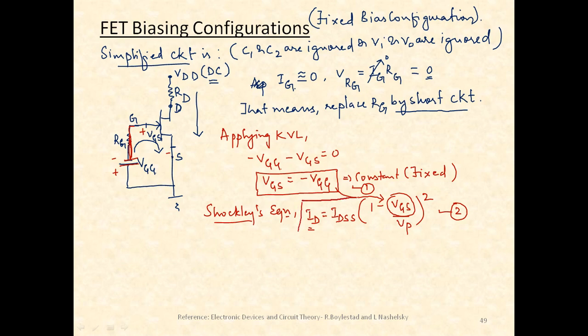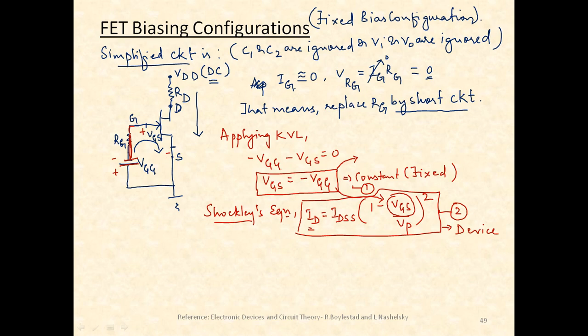Now there is something which is very, very important to be understood. This particular expression is for the device, and it only applies for a JFET. What about this expression, equation 1? This applies for the network.